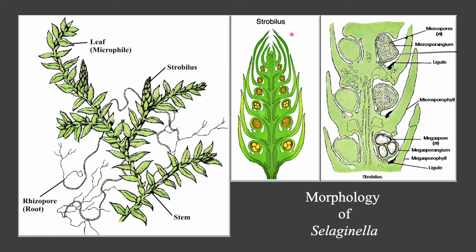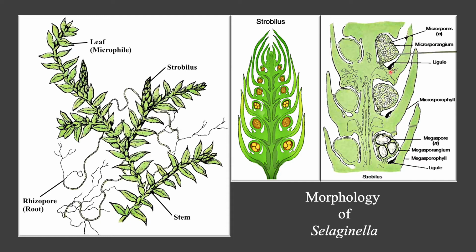This is the strobilus. If you make a longitudinal section of the strobilus, here you can see the microsporophylls which contain the microsporangium, and inside the microsporangium microspores can be seen.